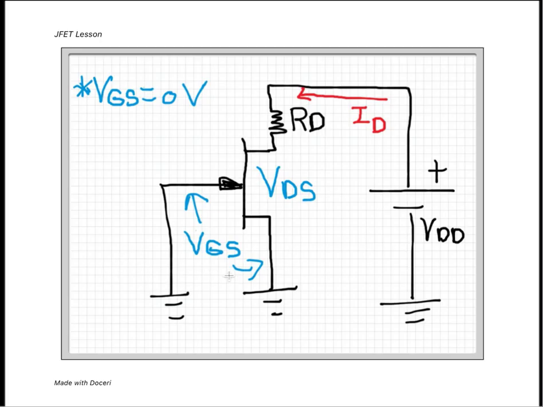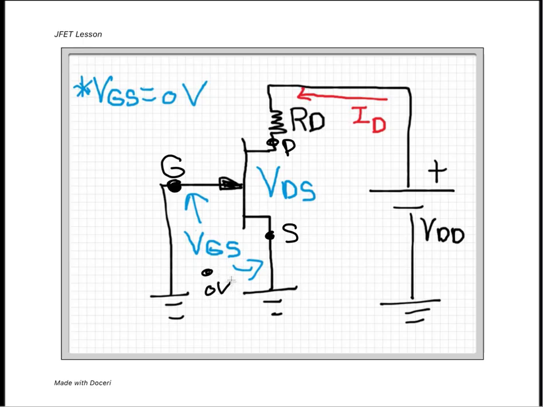So over here, this is the circuit to derive that curve. We literally ground the gate. Again, this is the drain, and this is the source, and then that forces VGS to be equal to 0 volts.